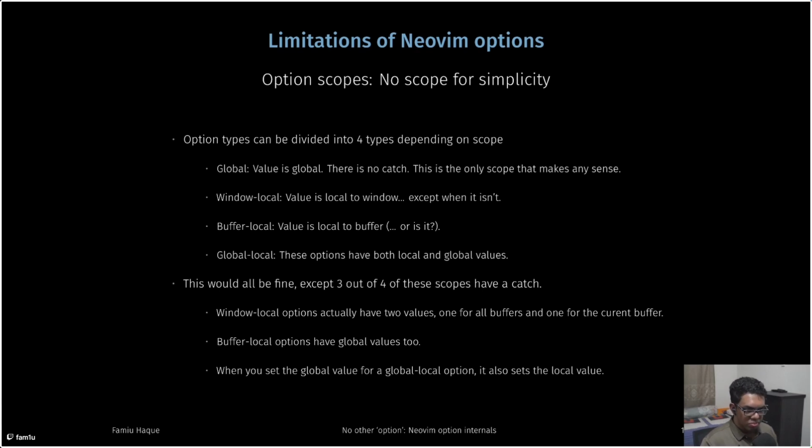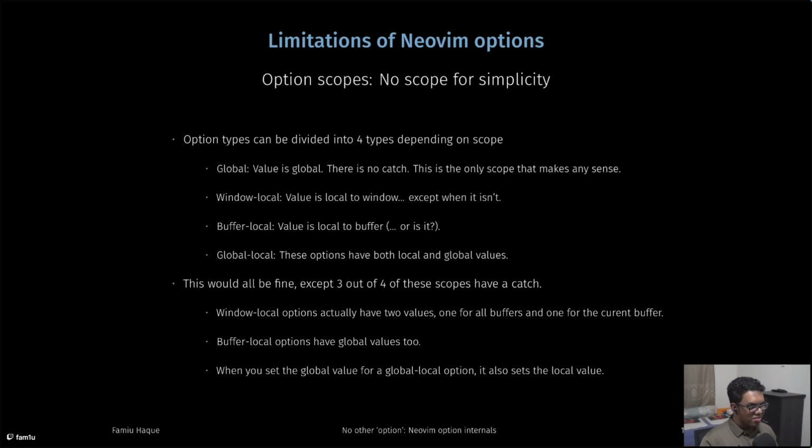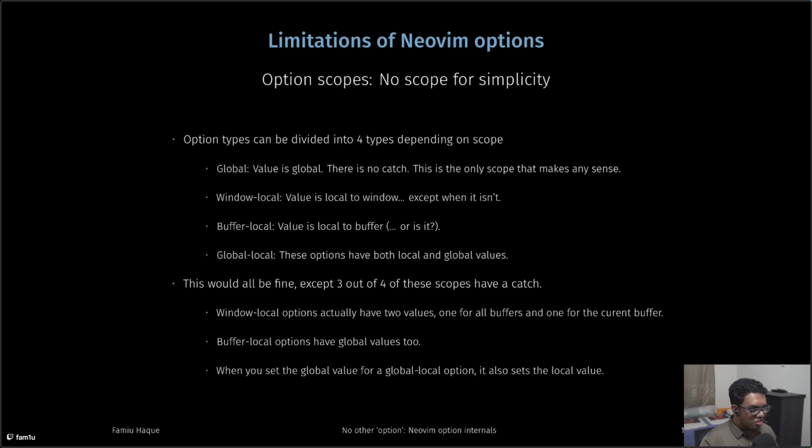And the core implementation for this is just hideous. Buffer local options can have global values too. So you know the part that says it's buffer local? That's a lie. It's not local at all. It actually also has a global value. What's the difference between a buffer local value and a global local buffer option? Who knows? Not me. I don't know.